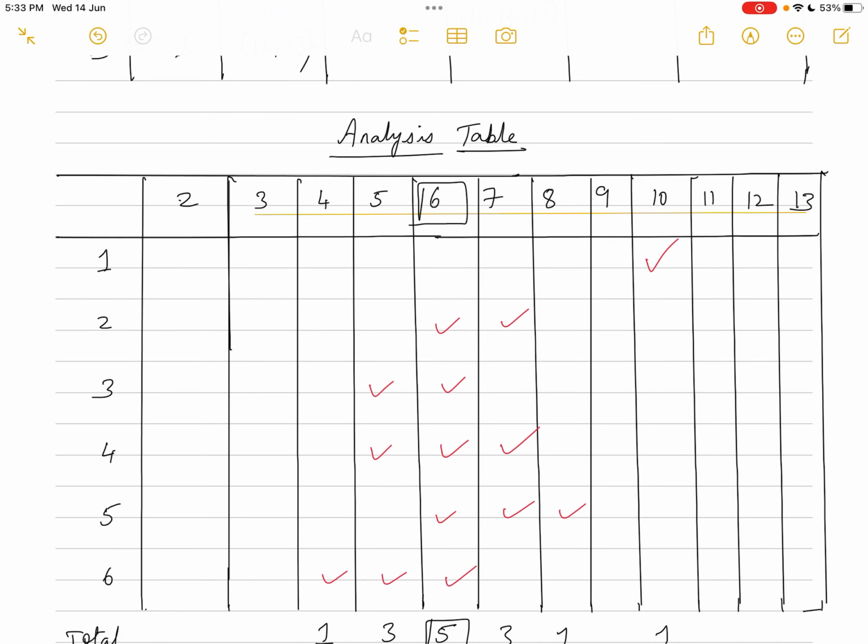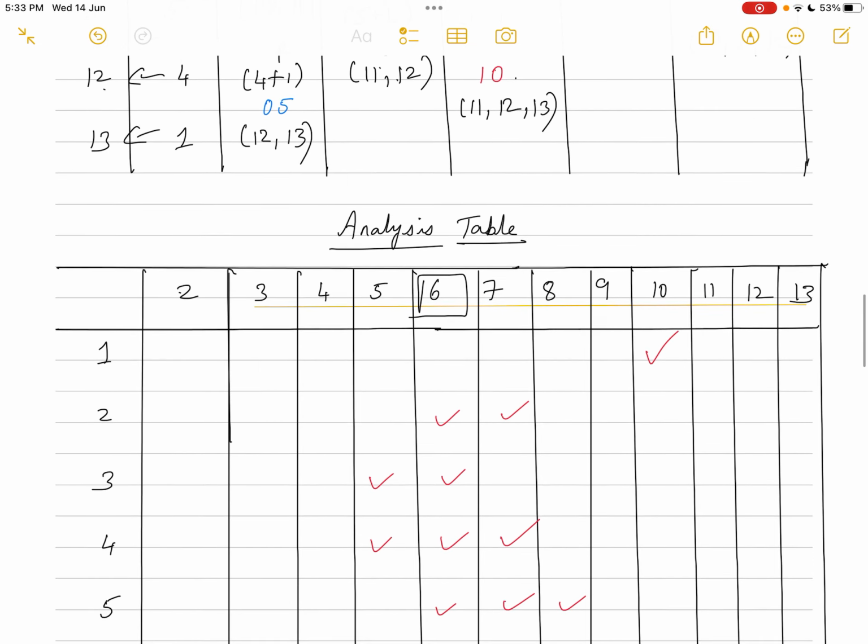Apart from x, we have 6 columns, so you write 1 to 6 on the left-hand side, and horizontally you write all the x values given in the question. Here it is from 2 to 13.